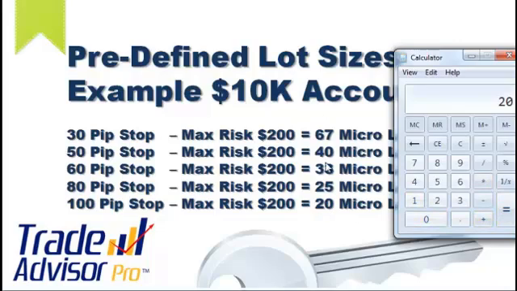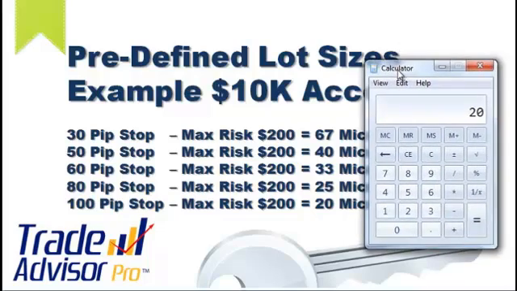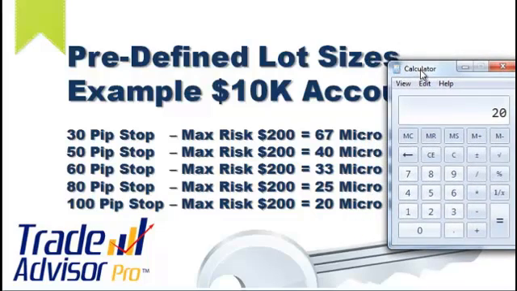I'd be willing to trade 20 microlots based on my risk parameters. So follow the card below, print that off, cut it out, and use the card, because that way you know in advance exactly how many lots you're going to be able to trade on each trade. All you have to do is calculate the distance between your stop and your open price, which is the price you're going to get in. Follow your card, and you are risking the exact amount across the board every time.